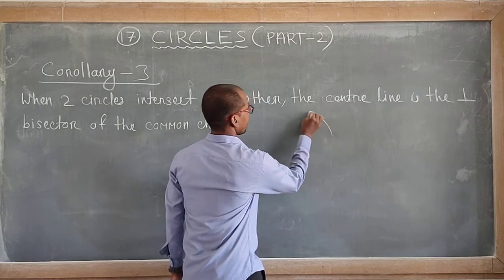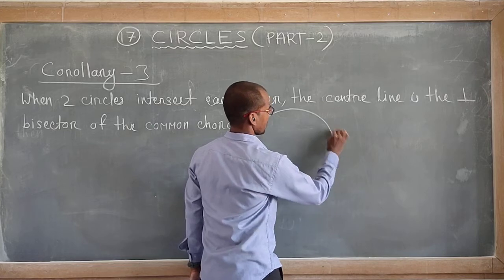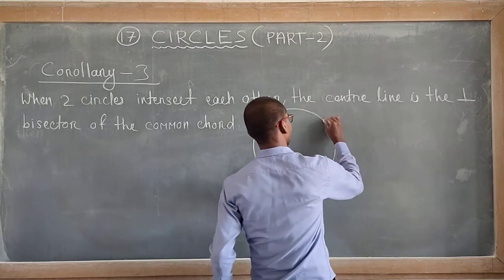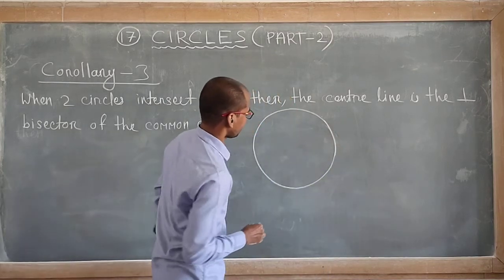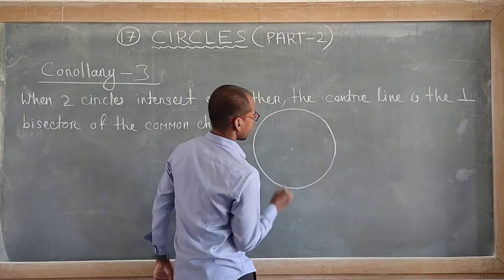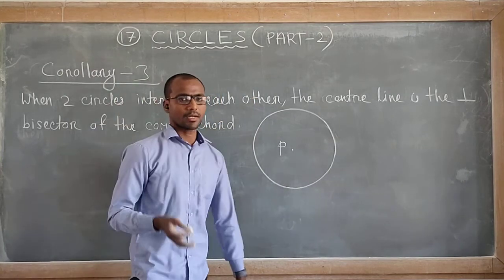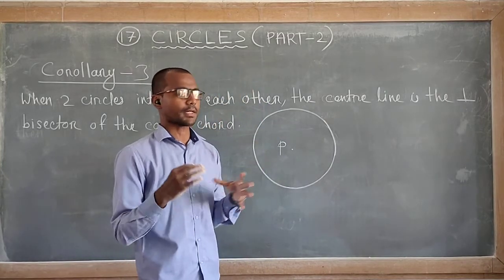There is one circle. Its center is suppose P. There is another circle which is intersecting this circle, or the two circles are intersecting each other.